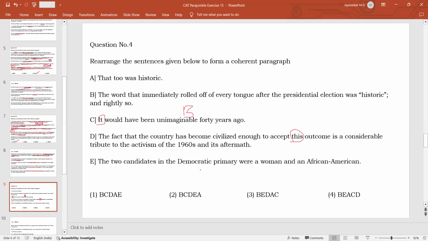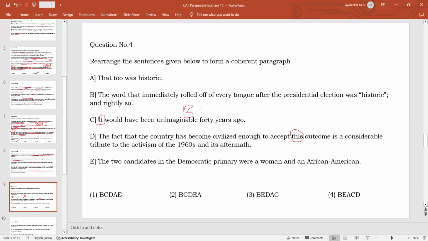What is that? The two candidates in the Democratic Party were a woman and an African American. So the fact that this is a historic election is because one candidate was a woman and another was an African American. Normally, a woman being president of the USA, or a black person being president of the USA, is not something that happens every day. That is why this was considered historic.